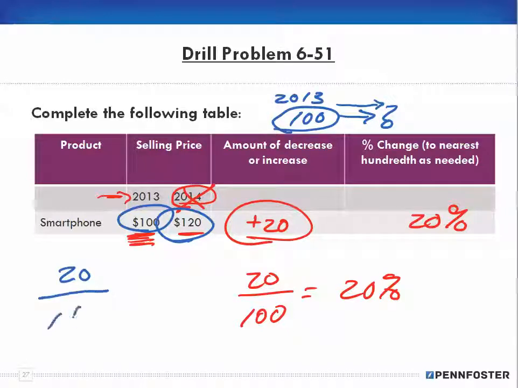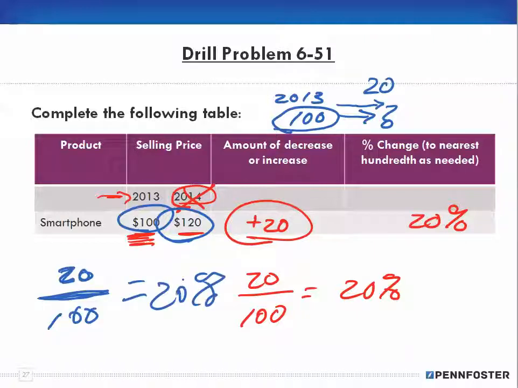We divide by 100, and as the price changed by $20, that's why we put the 20 in the numerator, and then we divide by that 100. We can't use the 120. And that will give us the 20%.